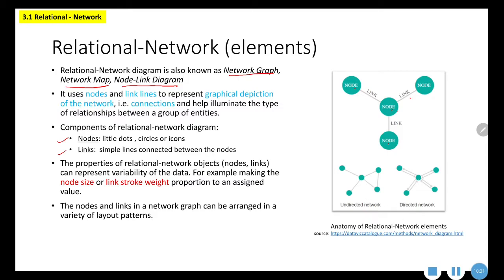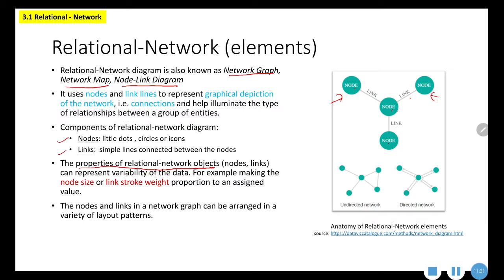If we don't have arrows, it doesn't show any direction on the network. So the properties of relational network objects. When we mention the word objects, objects is whatever thing that you can see on a diagram. So nodes, links, arrows are all objects for a relational network diagram or visualization.